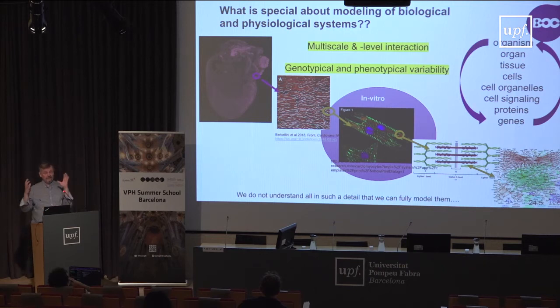And normally what you are building your models is normally in some of those domains. You are looking at the interaction in genes, or you're looking at the organ level, and now more and more interaction on these. Of course, in vitro world is mostly on cells. We can have some kind of tissues, not real tissues, but certain kind of tissues, and then we can look at the mechanistics.